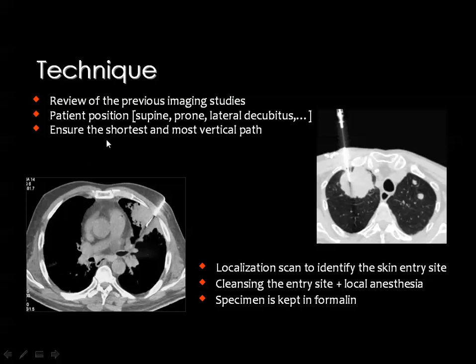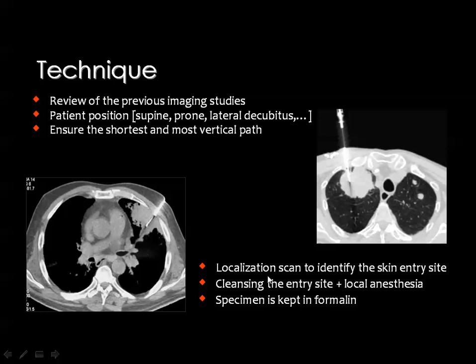Then ensure the shortest and the most vertical pathway, as the vertical approach is the easiest one. But whenever you are selecting an oblique approach like this, then the adjustment of the angle of the needle will be somewhat difficult.